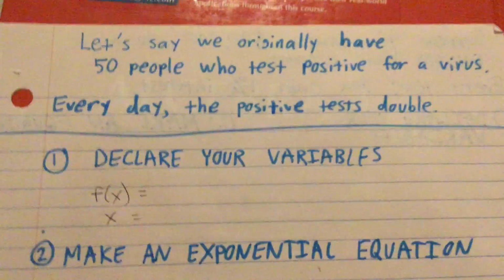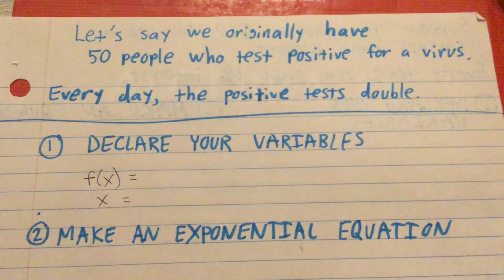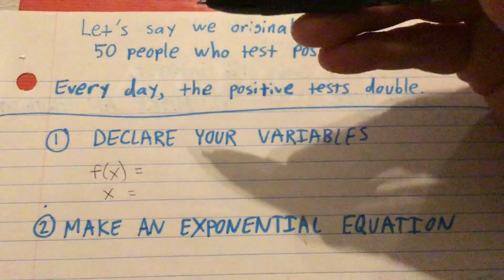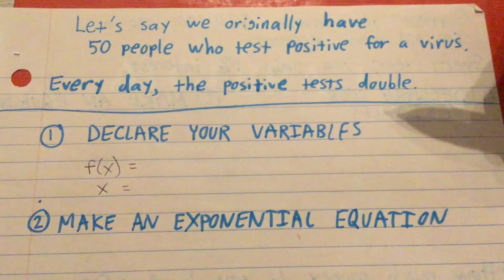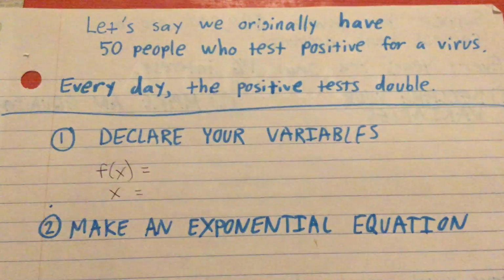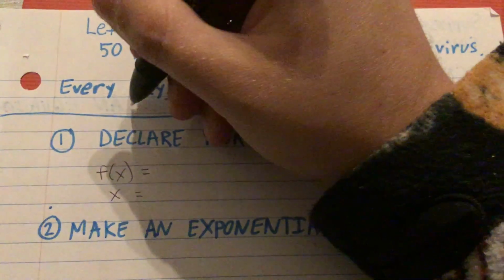Let's read this problem again. 50 people test positive for the virus. So people is going to be part of the variable. Every day, the positive tests double. What I'm gathering is that we care about the people and the day.